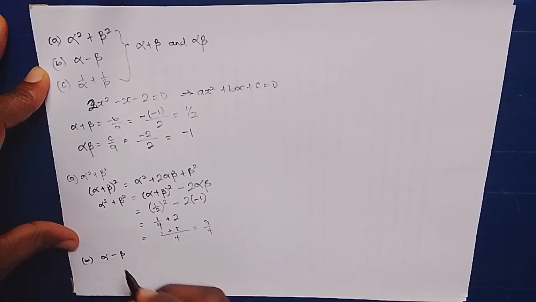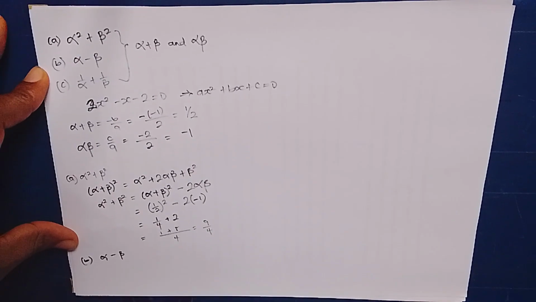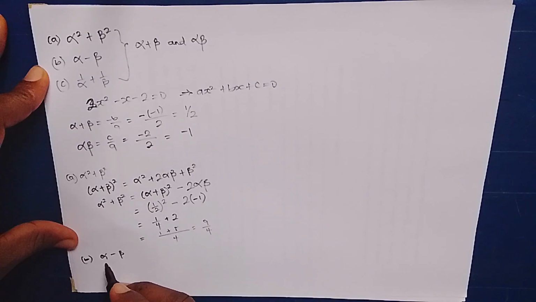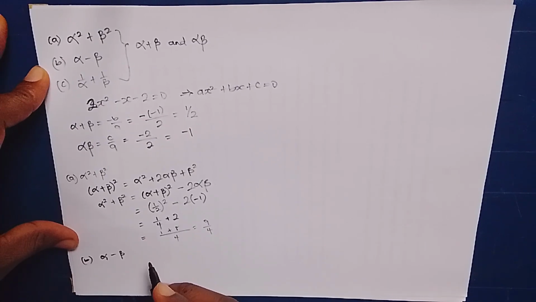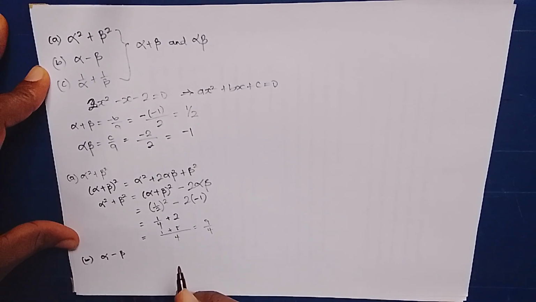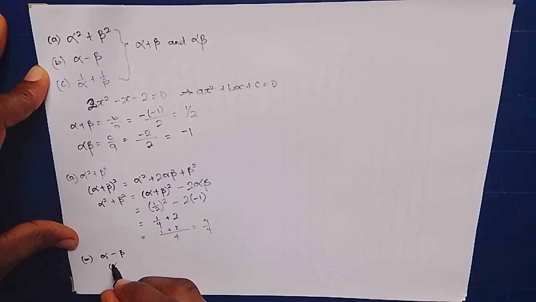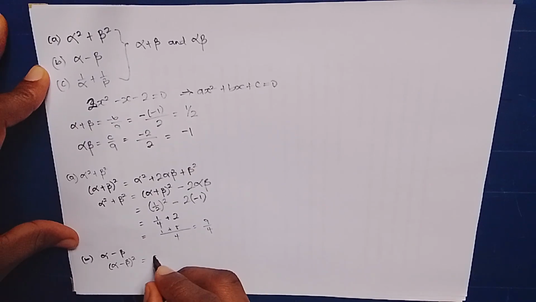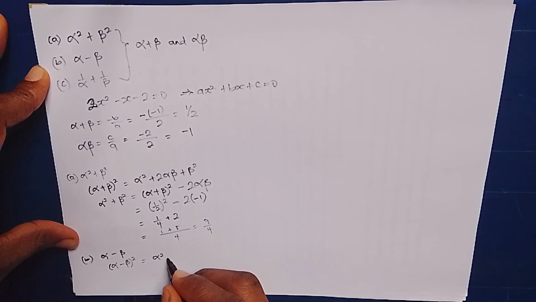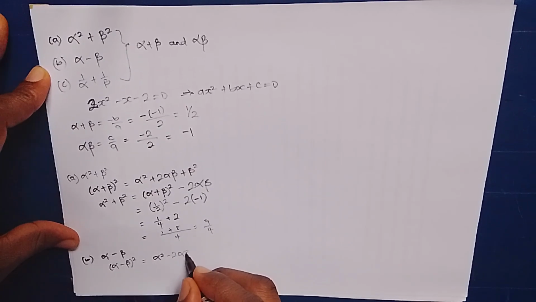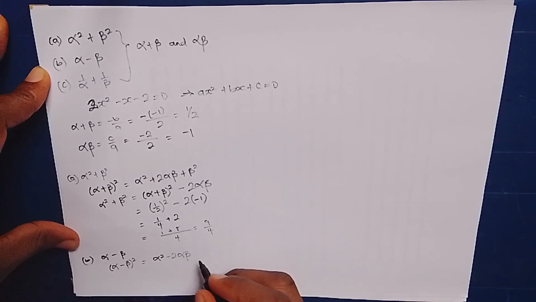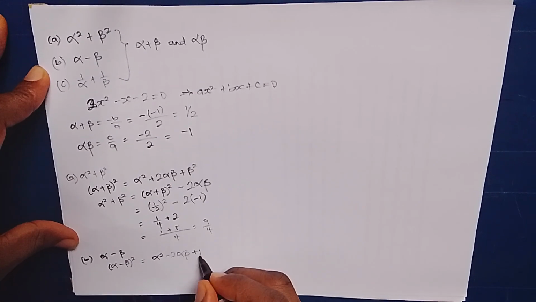And then the second, we have alpha minus beta. Now, we want to express this in terms of alpha plus beta and alpha beta. So we'll do this. Alpha minus beta all squared is equal to alpha squared minus 2 alpha beta plus beta squared.